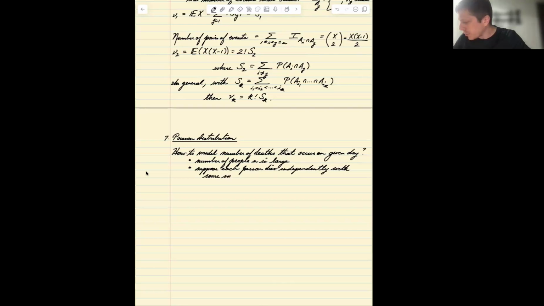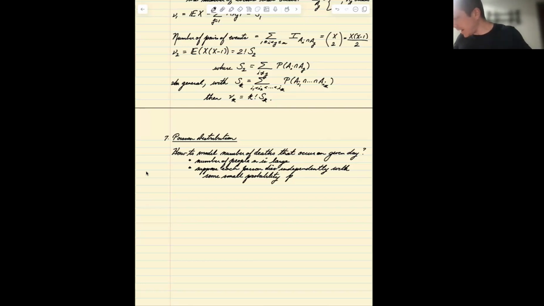Of course, this is not really accurate. People do not die independently, and people do not all die with the same probability, but that's going to be our assumptions.